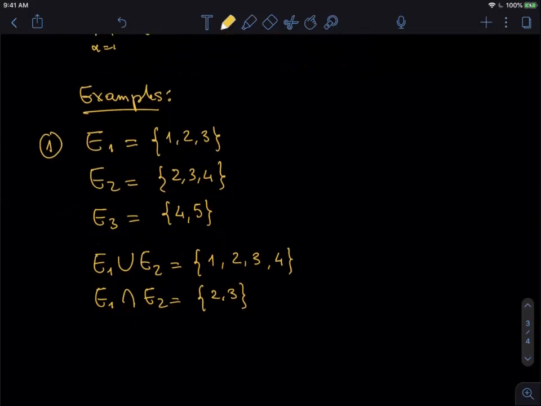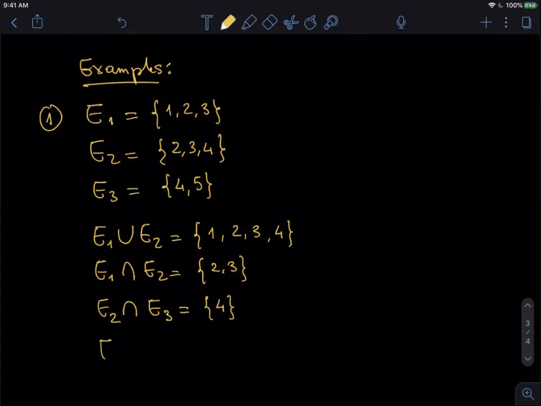Then we could also decide to check the intersection of E2 with E3. In this case, the intersection is 4. And what is the intersection with E1? In this case, they have no common elements, so the intersection is empty. This means the two sets are disjoint.